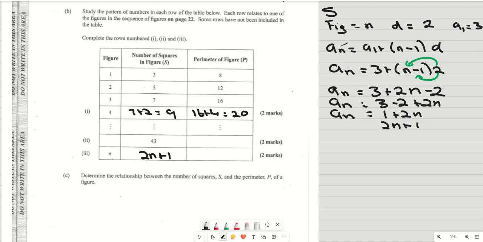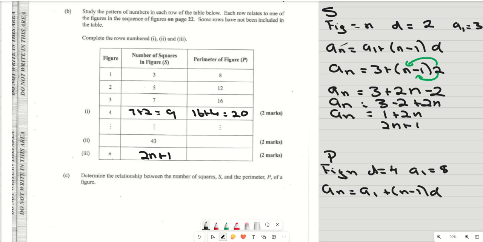Then we're going to find the formula for your perimeter. This is your perimeter here. You want to know when your figure number is n. We saw that the difference was 4, and a1, your first term in the sequence, is 8. You put it in this formula: an equals a1 plus n minus 1, times d.